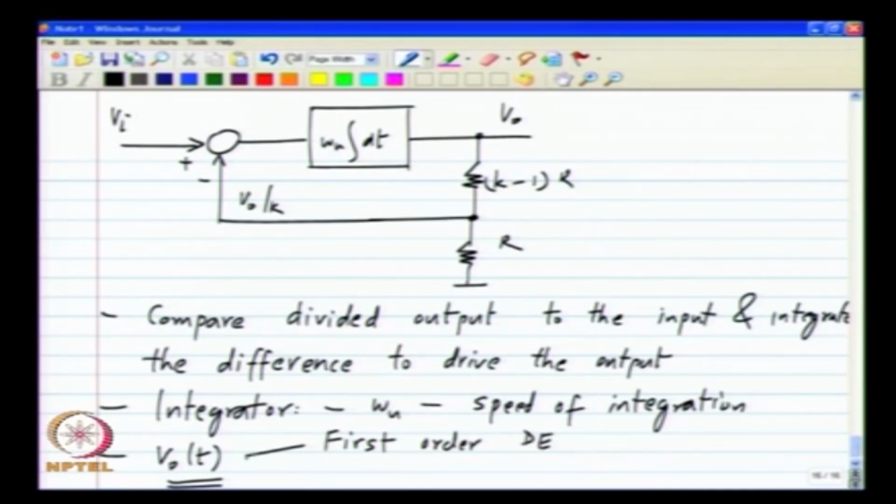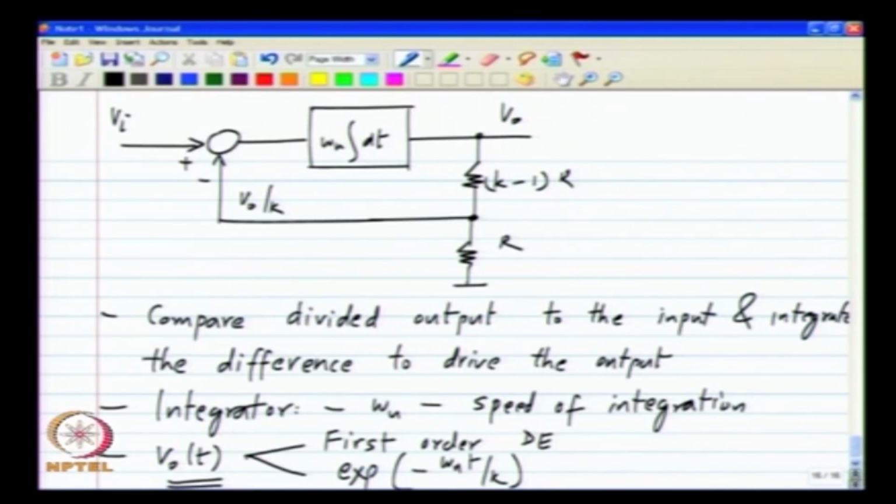And you will find that V naught of t has some exponentials of the form minus omega u t by k, which represent the transients. There is the steady state value of k times Vi, but in addition to that there are transients which decay as exponential of minus omega u times t divided by k.